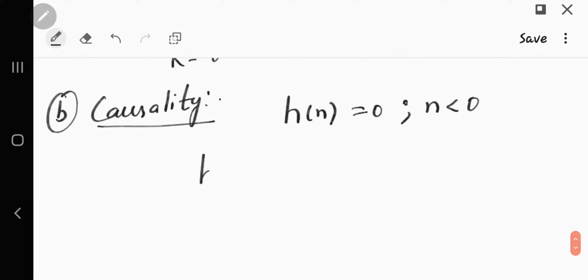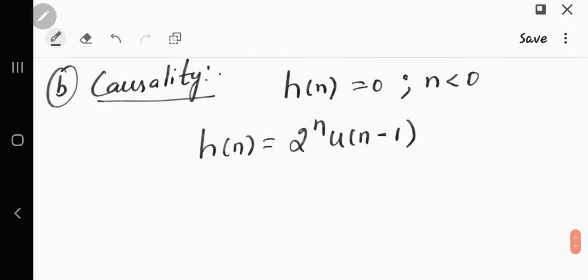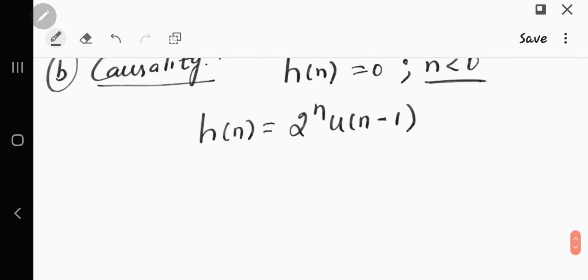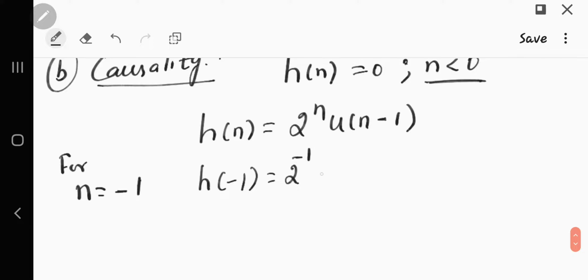So given our impulse response h of n is equal to 2 to the power of n u of n minus 1, let's apply some values for n which are less than 0. That means we have to apply some negative values. So for n is equal to minus 1, we get h of minus 1 is equal to 2 to the power of minus 1 u of minus 1 minus 1.